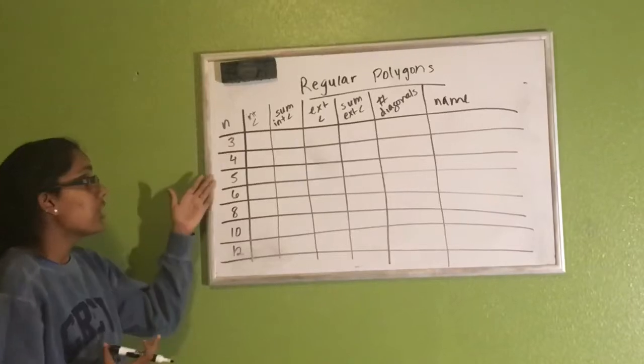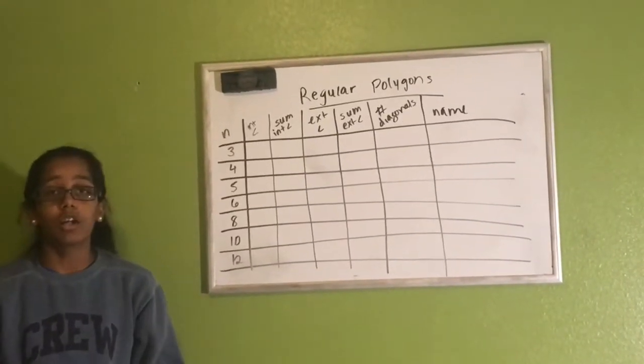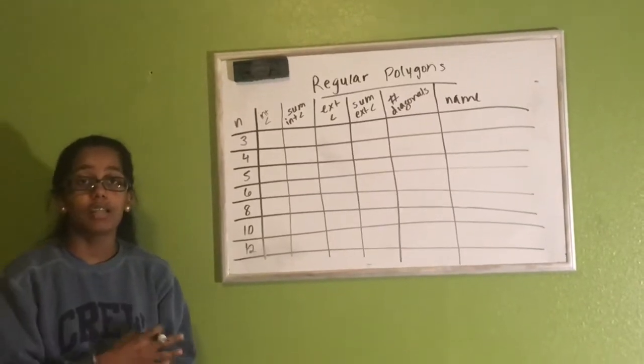If you can automatically know that the interior angle of a regular pentagon is 108, that makes your life a lot easier. That way you don't have to plug it into the formula.